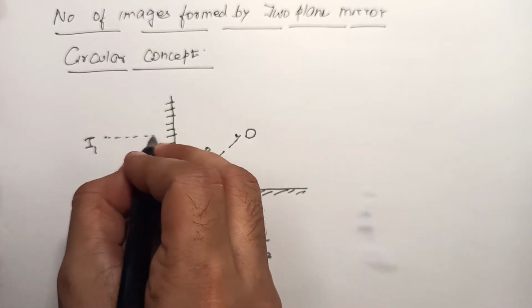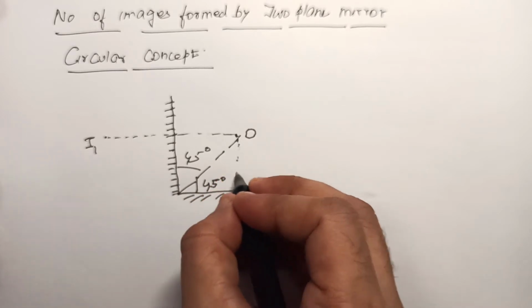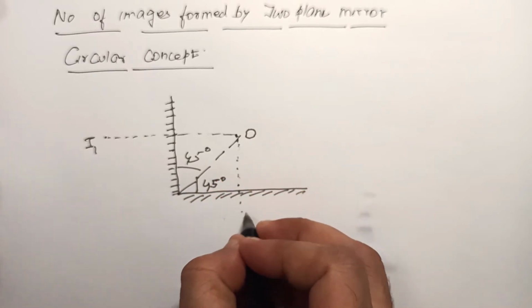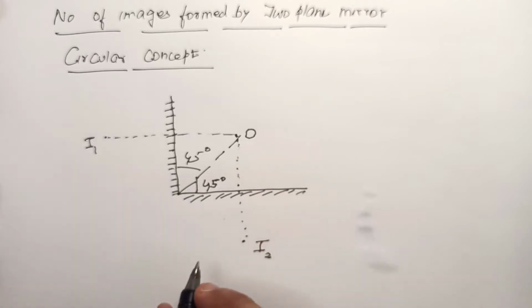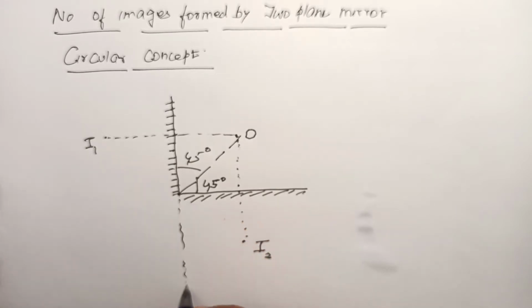Now if I complete it, I will see, if I extend this mirror, if I extend the image of this I2, remember where the object would be treated as I2, the image would be somewhere here. Let's call it I3.